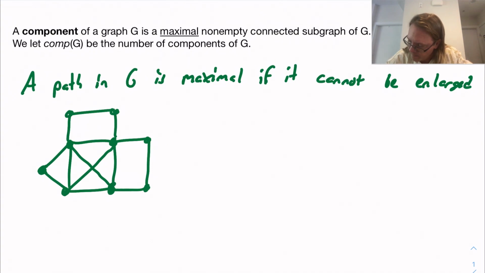Now, let me show you. Here is a subgraph.